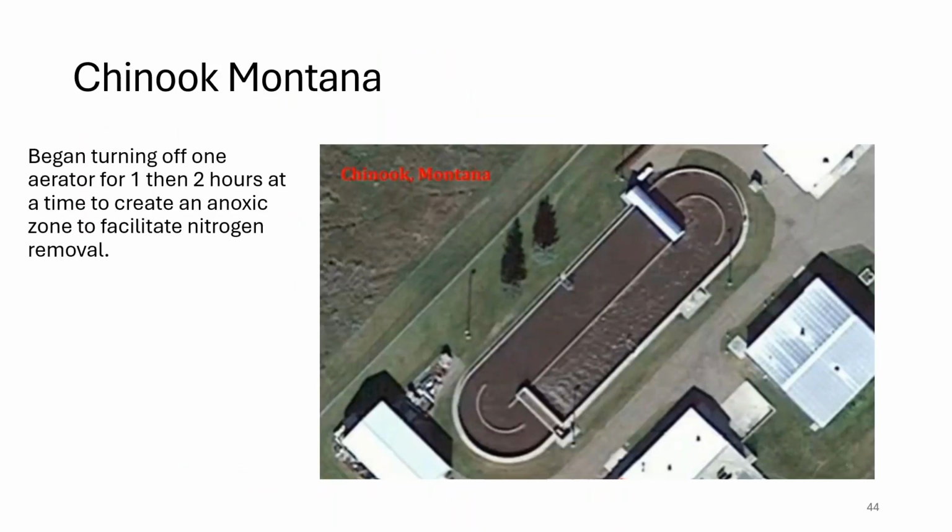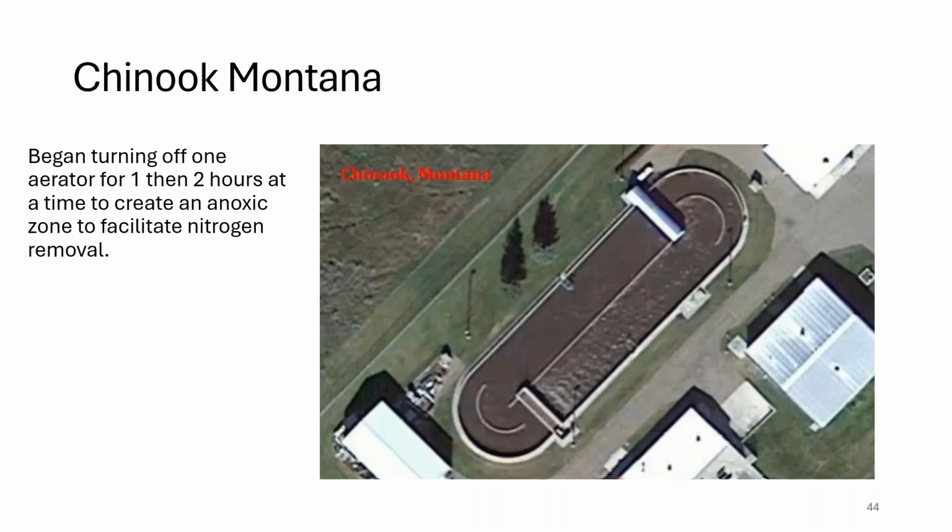Some operators have taken the initiative in different places around the United States, and they've experimented with their treatment plants to make them function for nutrient removal. One operator here in Montana began just turning off one of the aerators for 1 hour at a time and then 2 hours at a time to create an anoxic zone to facilitate denitrification for nitrogen removal.